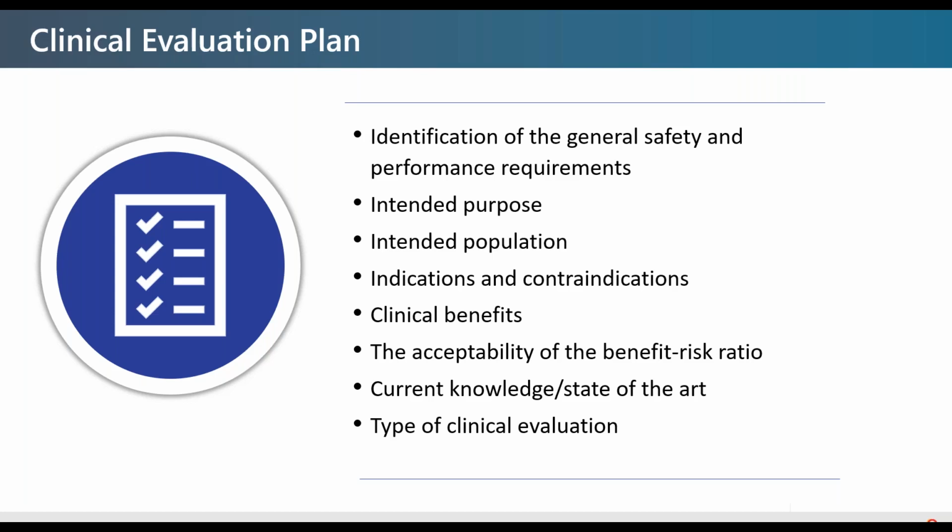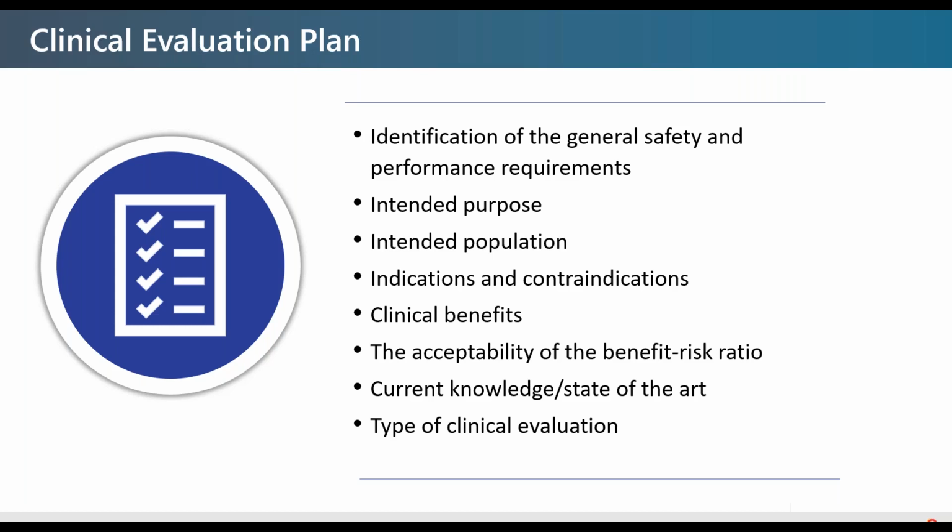And then it needs to state the intended purpose of the device and identify the population. It should include the indications and contraindications and give a detailed description of intended clinical benefits for patients. The clinical safety data should be identified, as well as the residual risks and side effects.